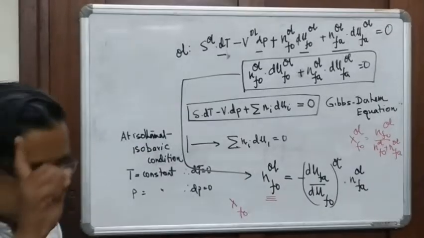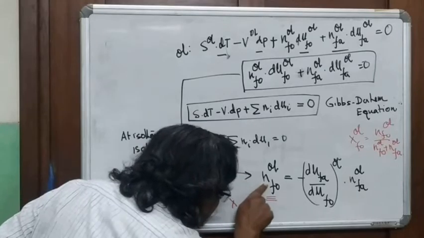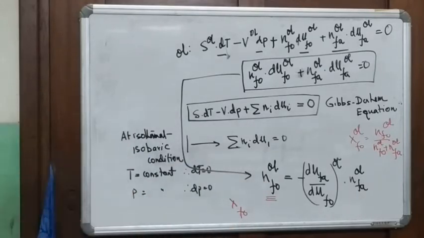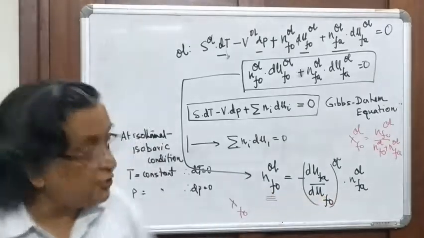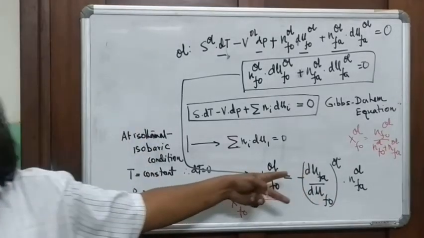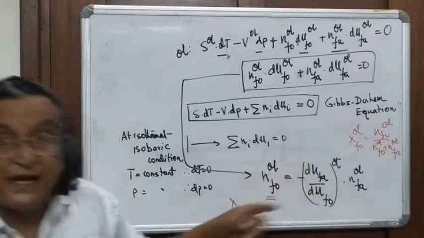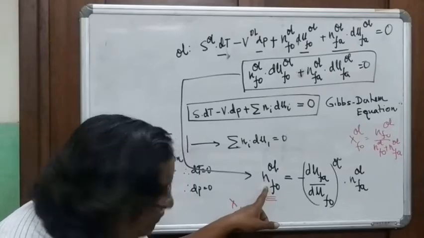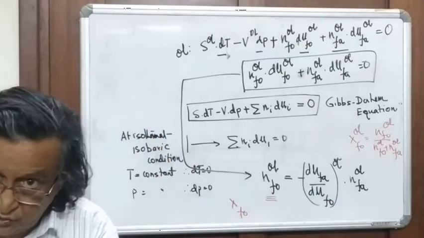Now you see here, it's a very interesting thing. If you happen to change this, even at isothermal isobaric conditions, this will change. This has to change because this does not change. This does not change because, for a pure phase, it becomes a constant ratio. So if you change one of the components, the other component needs to change.